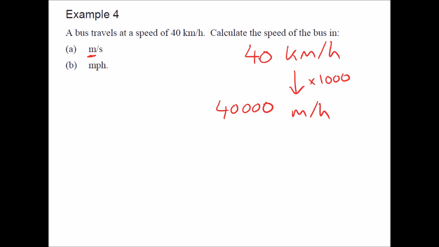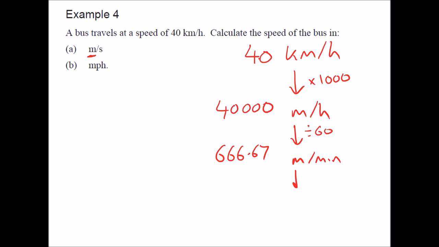There are 60 minutes in an hour. So if I divide by 60, I'm going to be in meters per minute. If I do that on my calculator, I get 666.67, and we're now converted into meters per minute.